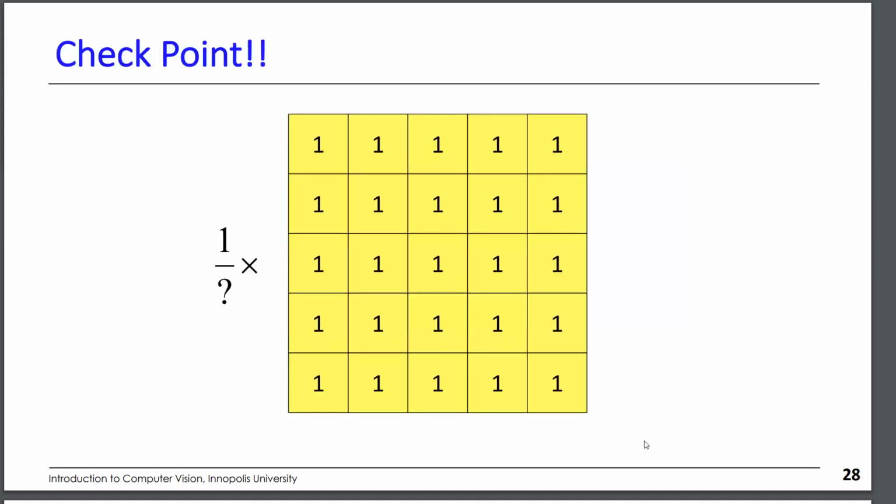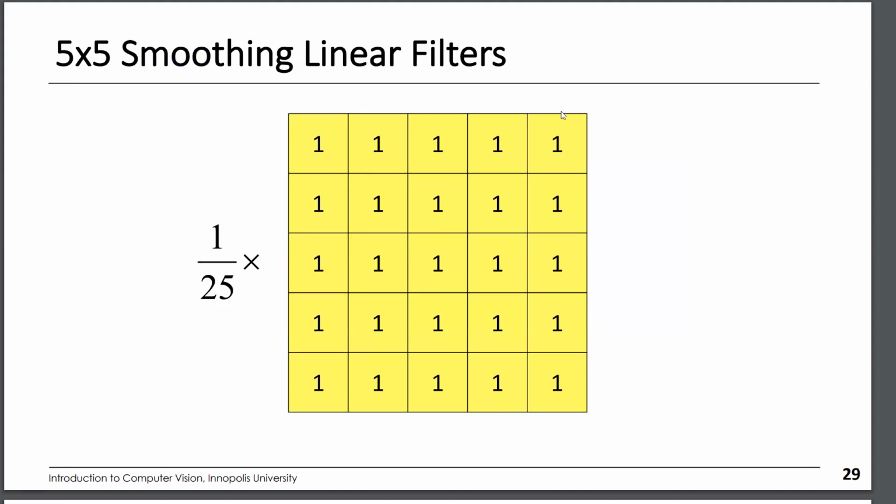So for example, in this case, what should we put here in order to get a weighted average? 25. So it's 5 multiplied by 5. Yeah, 25. Very well.